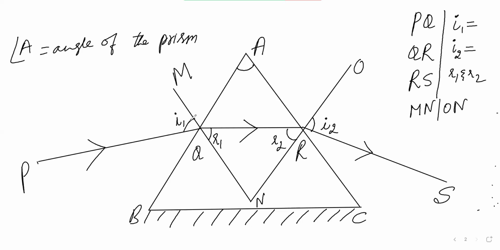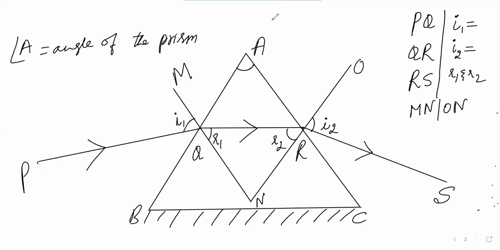Is it clear or not? Yes, sir, it's clear. PQ is the incident light ray, QR is the refracted ray, RS is the emergent ray.